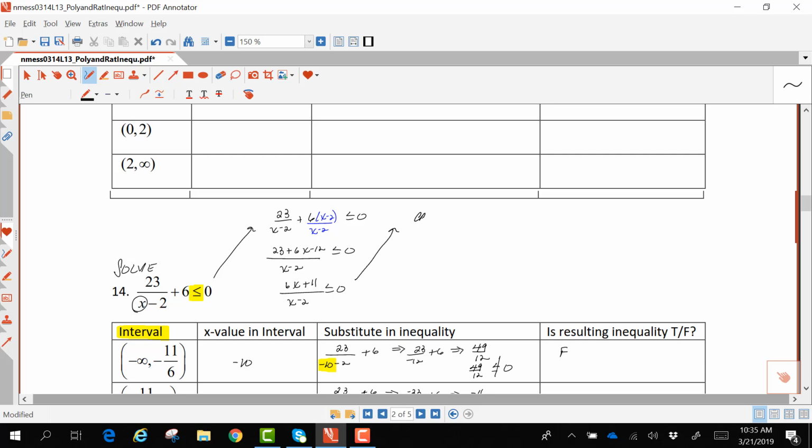Now with my rational inequality, I need to come up with what are known as critical values. These are the values which create the intervals in the table. I find the critical values by setting the numerator equal to 0 and the denominator equal to 0.